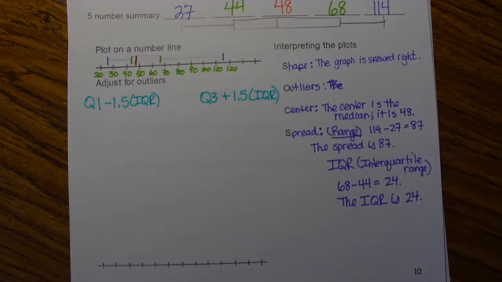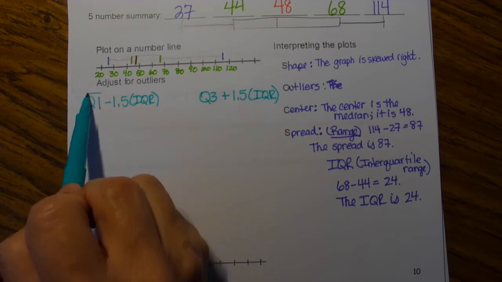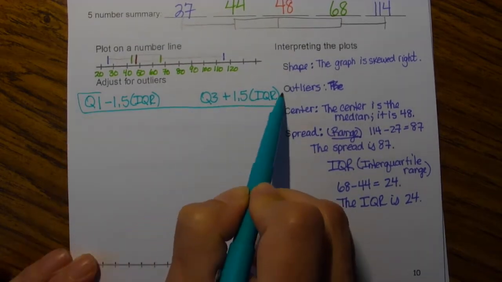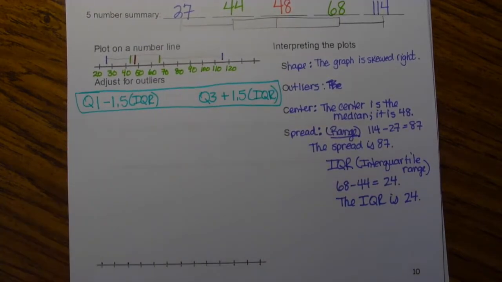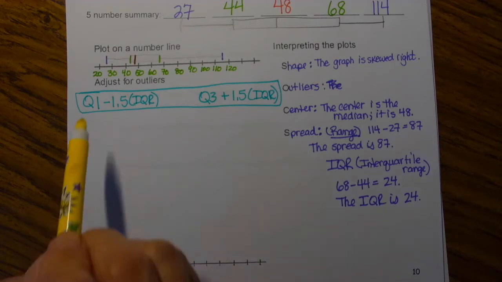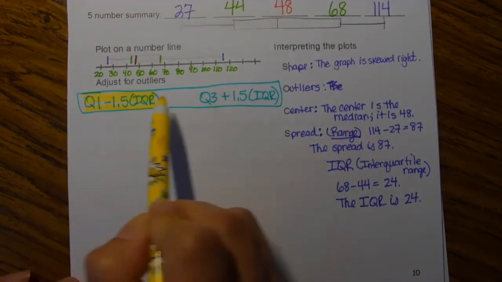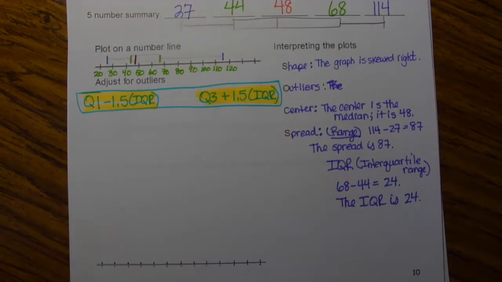If numbers fall outside of the numbers we get here, then it's going to be an outlier. This is a formula that you want to write down and highlight and say, okay, I'm going to need to know that. That's how I identify outliers. We can't just identify them by looking at a data set. We've got to be able to say mathematically how to show an outlier.